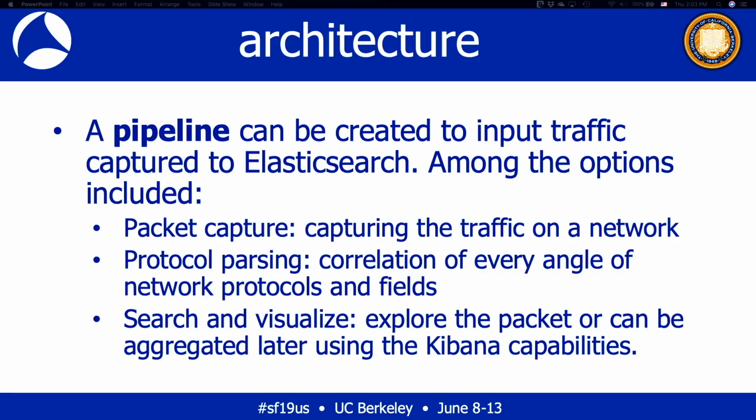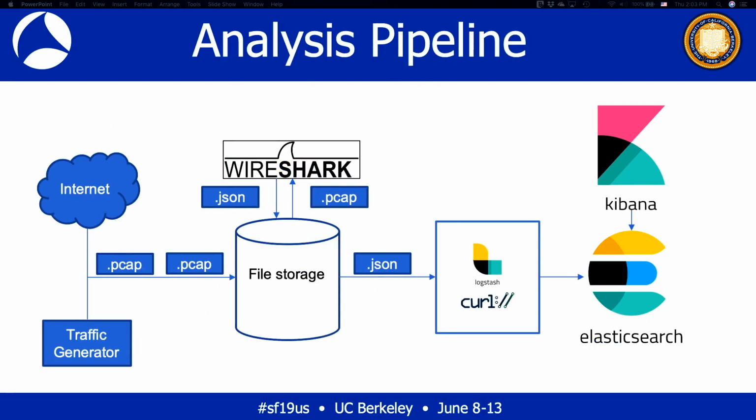So Elasticsearch actually supports three types of pipeline. The first is packet capture, where we capture packets directly on the network. Number two is protocol parsing, and the third one, we search and visualize the traffic. So the pipeline would be very similar to this.